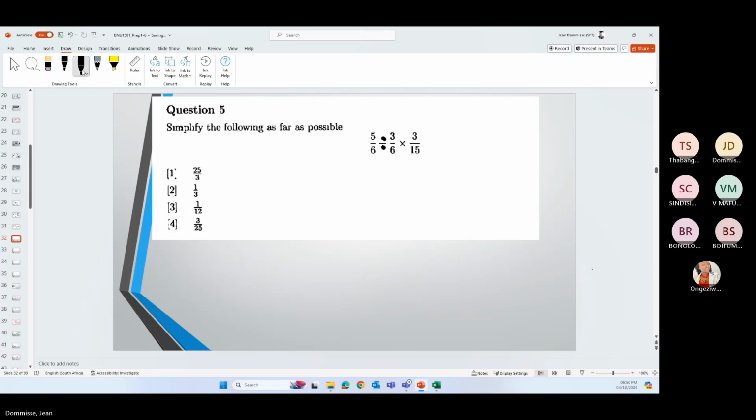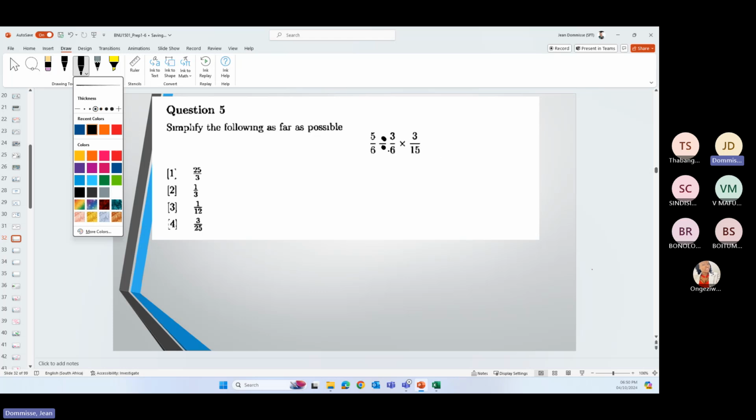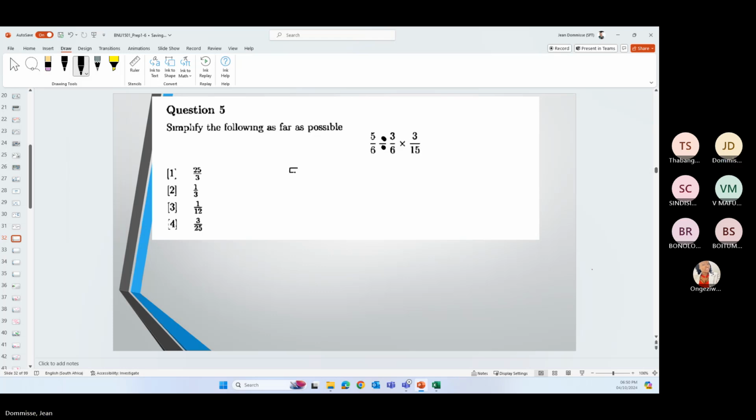So 5 over 6 divided by 3 over 6. The first thing I would do in this one is we're going to do that first. Remember, if we have a divide by, what we're allowed to do is change the sign to multiply, but then we need to swap that around.